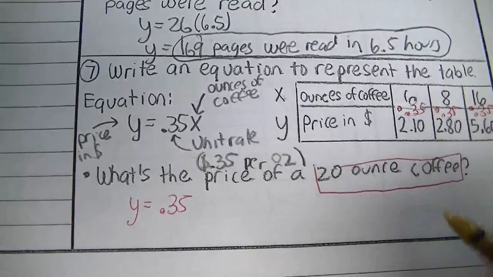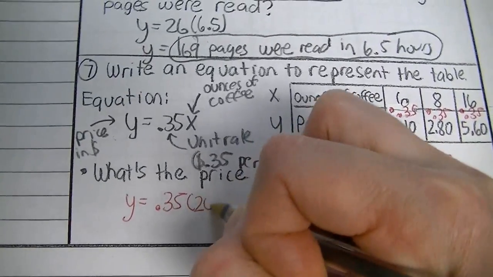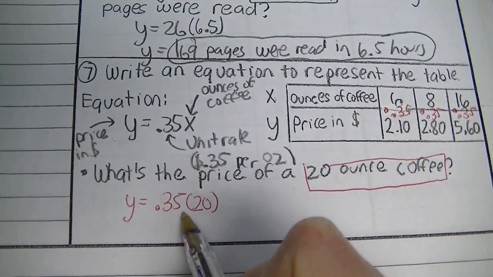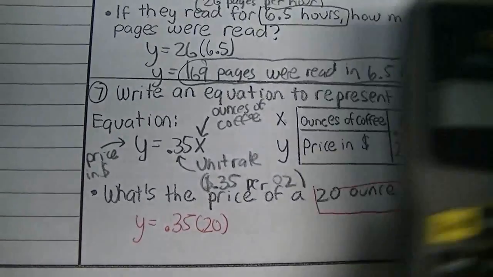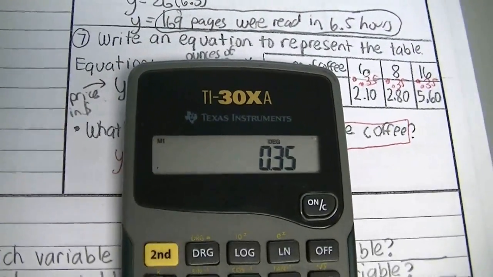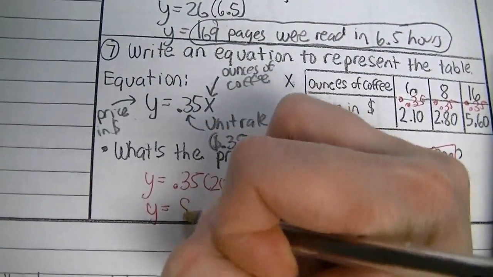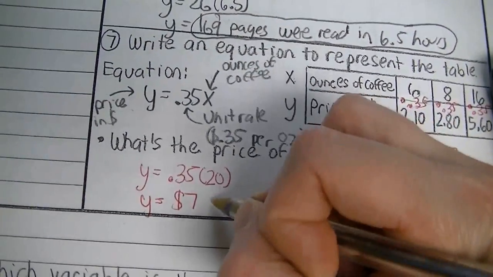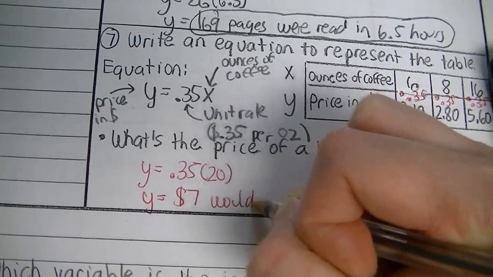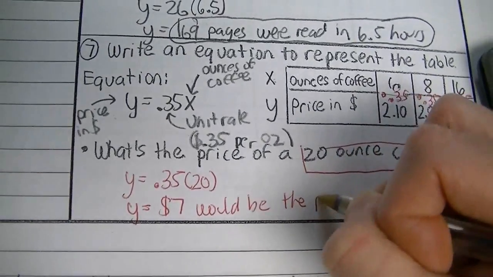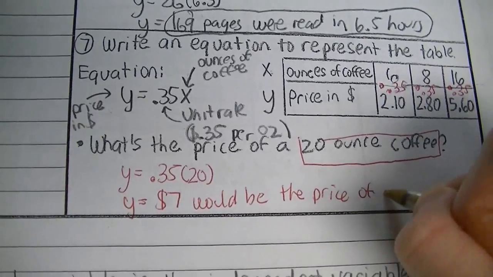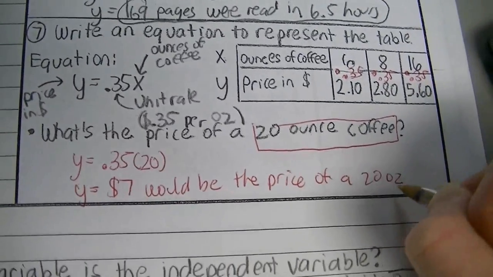Write down your 35 cents and multiply it by 20. 35 hundredths times 20. $7. Okay. $7 would be the price of a 20 ounce coffee.